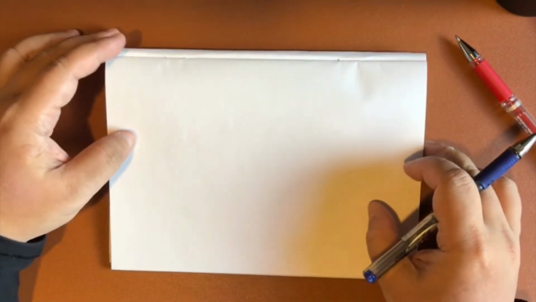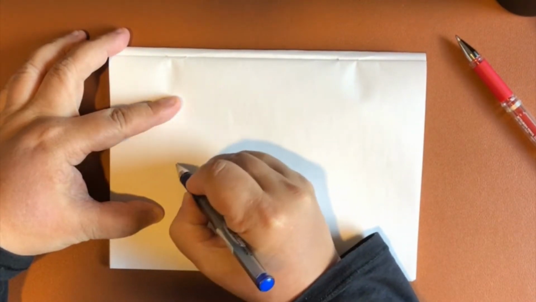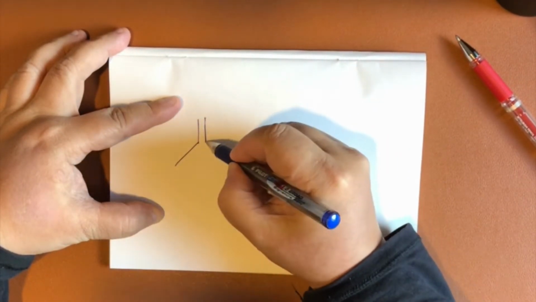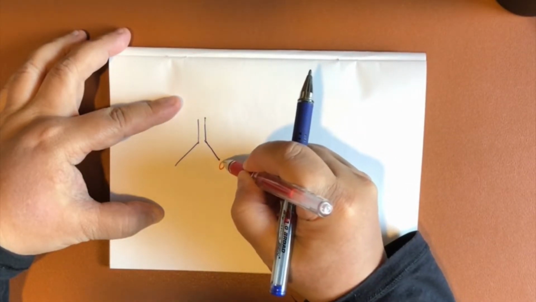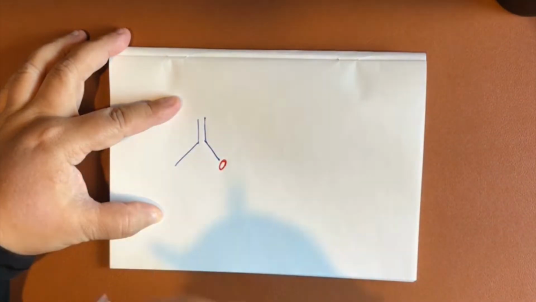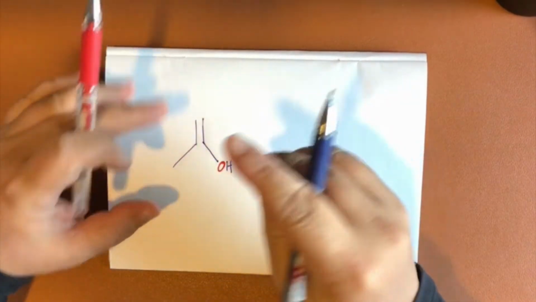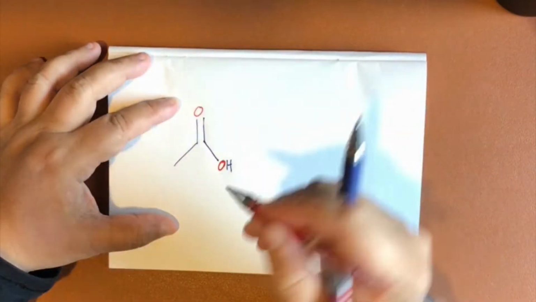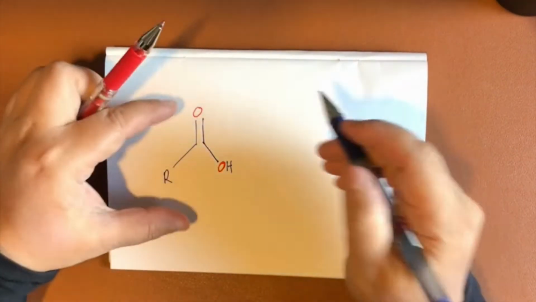Let's see this reaction. So we have this carboxylic acid. I'm going to draw it quite big and use a red pen so that you can see the exchange or swapping of the OH group with the OH group of the alcohol.